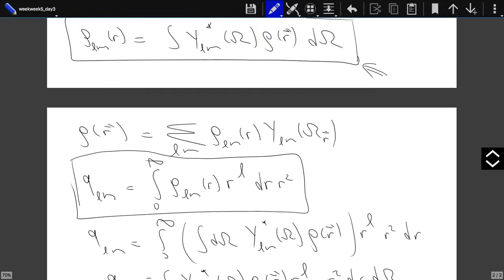Okay, so now we set l. There is one step that I'm kind of missing. Is it possible that rho_lm of r is non-zero even if Q_lm is 0?